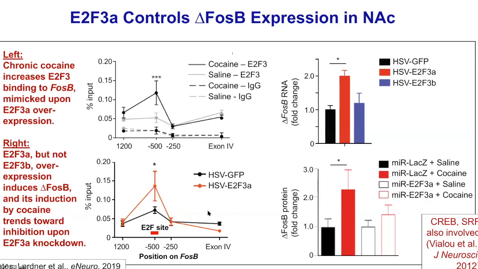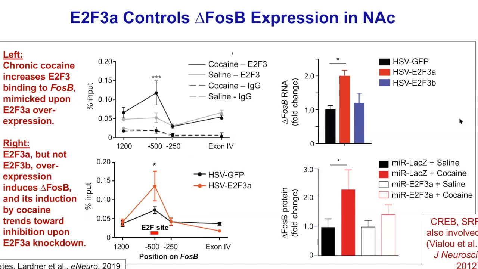And we can show that when we overexpress E2F3A but not E2F3B, we can induce FosB expression in nucleus accumbens. And we can show the opposite when animals are treated with cocaine to induce FosB. Knocking down E2F3A blunts that response.